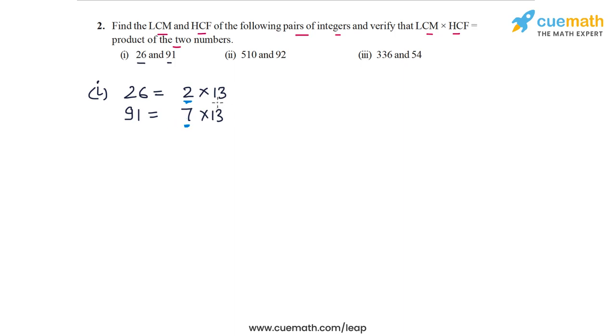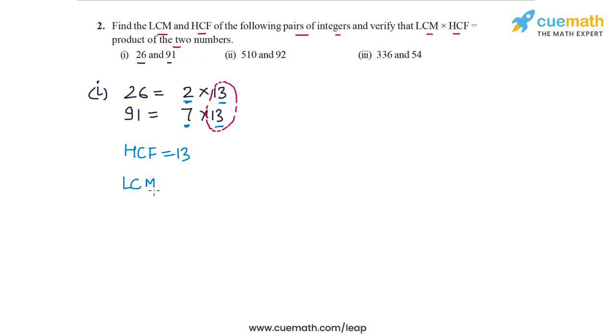But 13 occurs once in both the numbers. So in the HCF, it will occur exactly once. So the HCF of this pair of numbers is 13. And you can think of the HCF also as the common part between the two numbers. So that is 13. Now let's find the LCM of these two numbers.